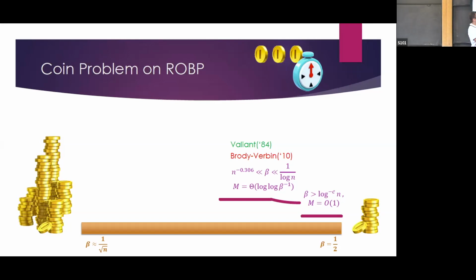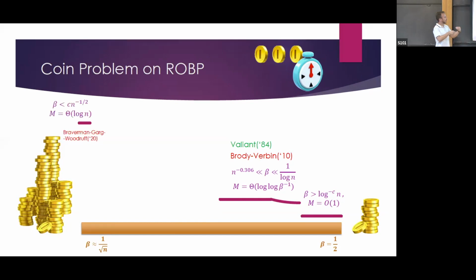And again, the upper bound is by this Valiant construction. Brody and Verbin in 2010 showed also a matching lower bound of log to the 1 over beta in this form. The reason I drew log in such an ugly manner is that in the polynomial regime, when beta is polynomially small, this is basically log. Right, so if beta is polynomially small but larger than this thing, then you need log n bits, and this is tight in this regime.